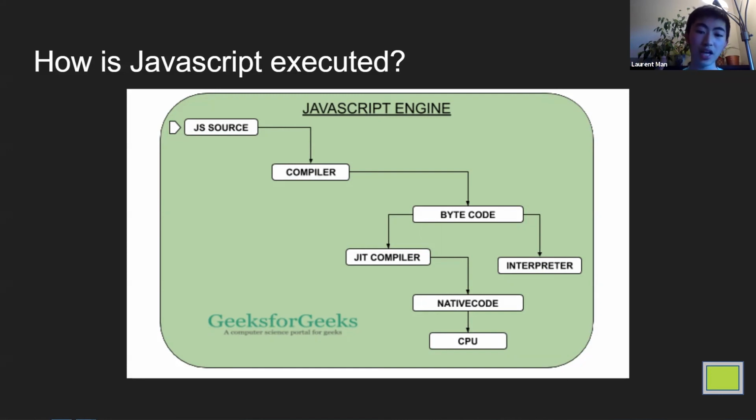This is then passed to the JIT compiler, which compiles it a second time into native code, which is then directly executed on the CPU. As you can see, it's quite a complicated process. Don't bother remembering this. All you need to know is that whatever you write in JavaScript, the JavaScript engine is what allows a computer to run your instructions.